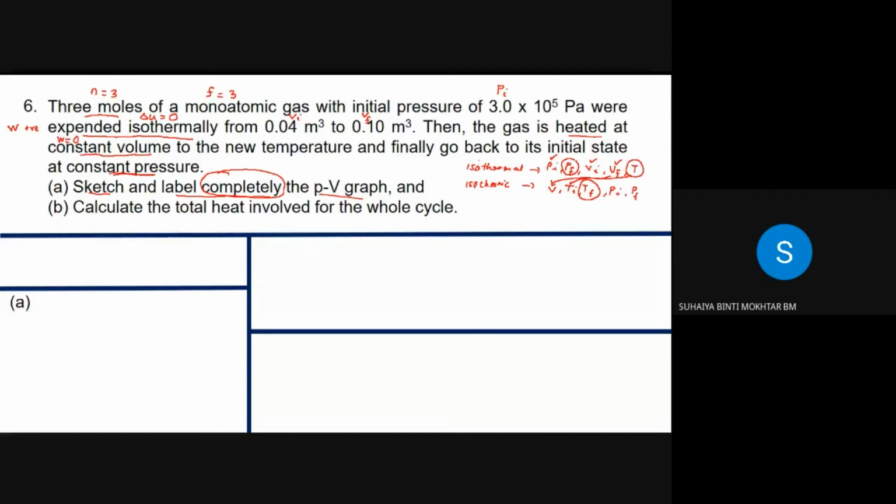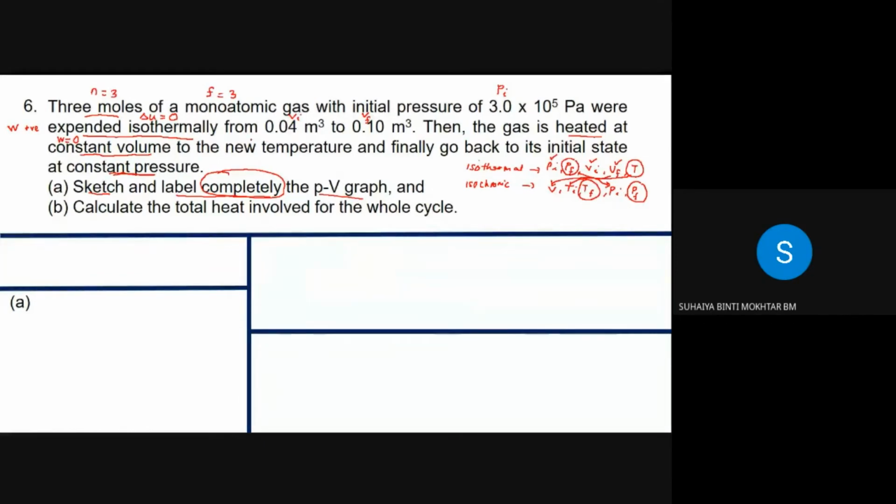P initial, we continue from the final of isothermal, so P initial is P final for the isothermal case. And then calculate P final. So for isochoric, we must calculate P final.